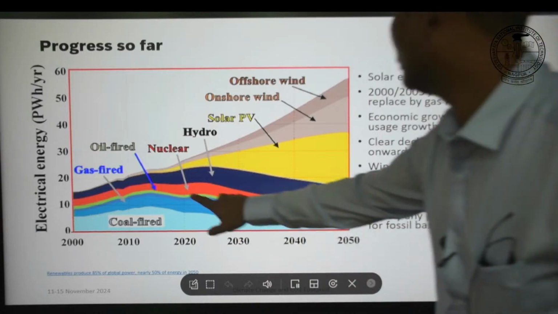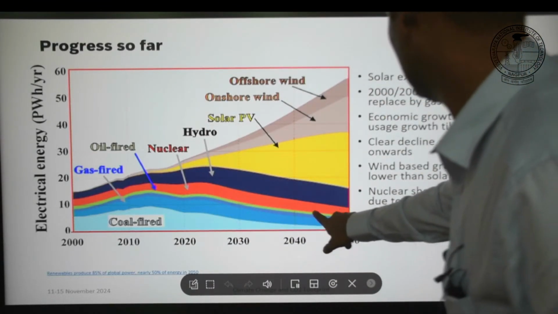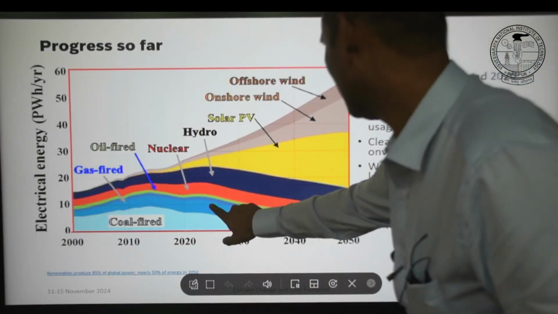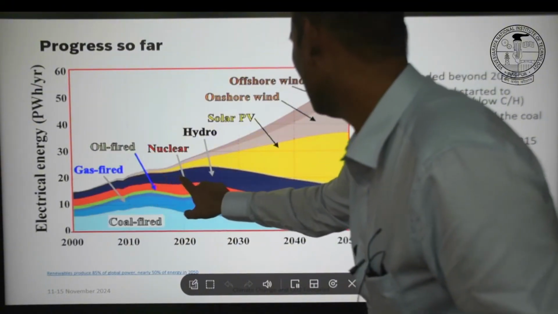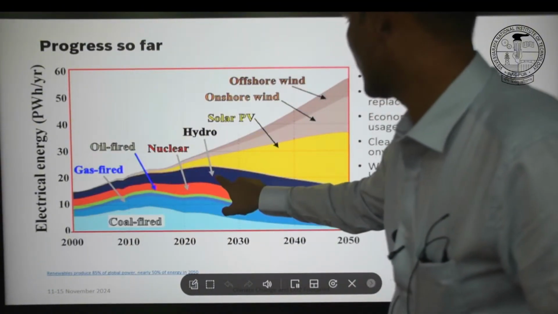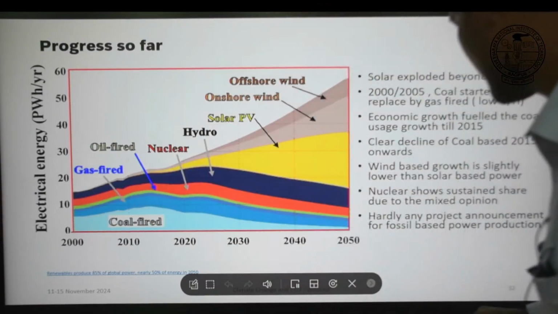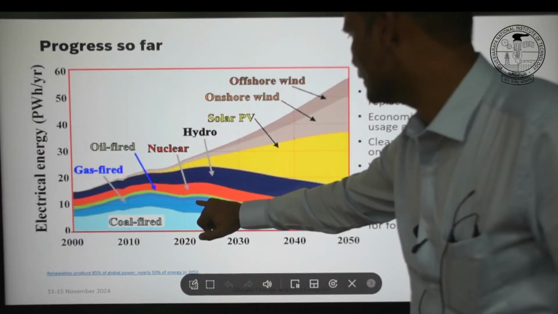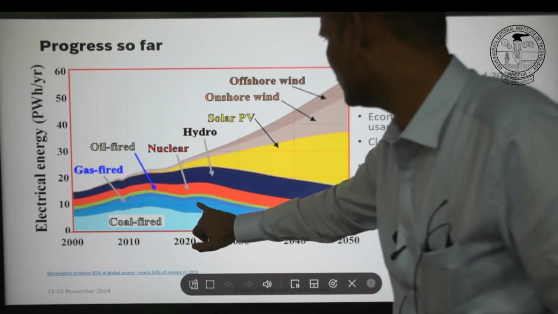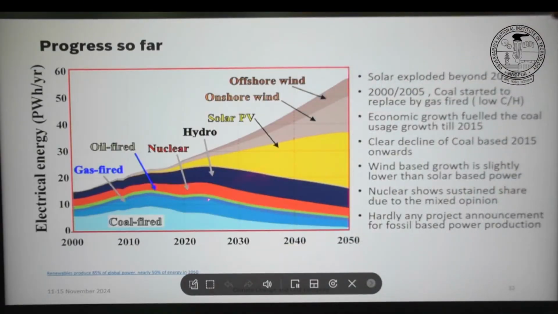What is in between oil-fired and gas-fired? The thin line below the thick light green one? This is gas-fired, natural gas, the purple.